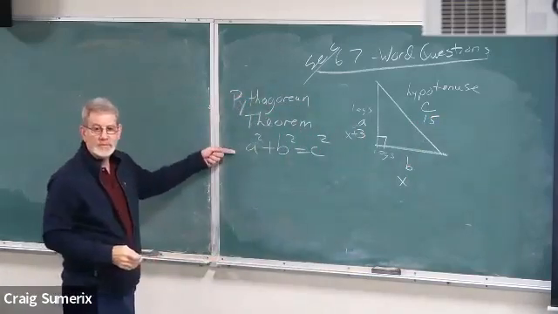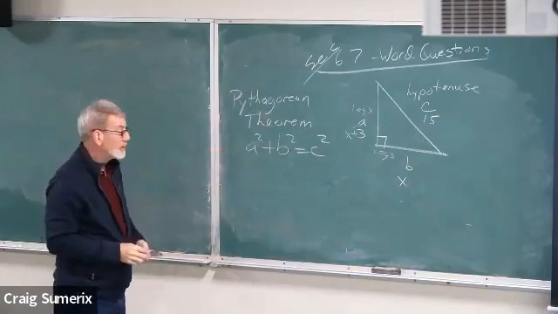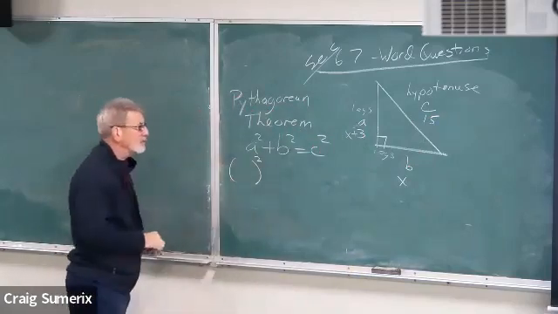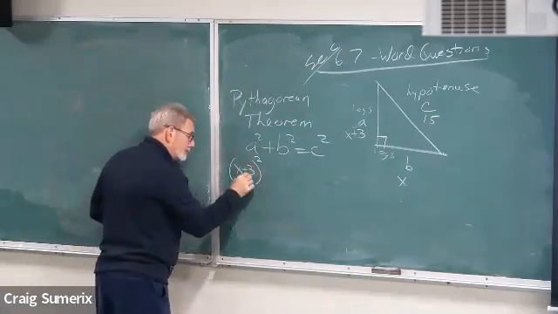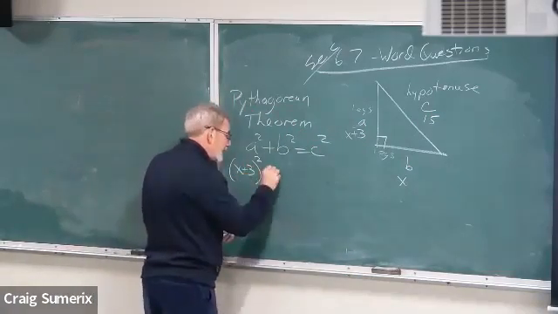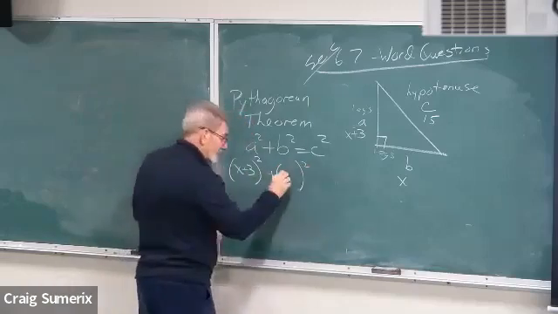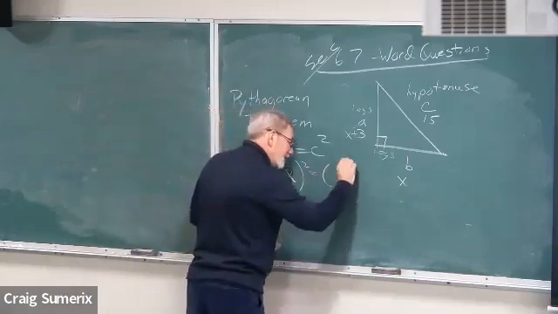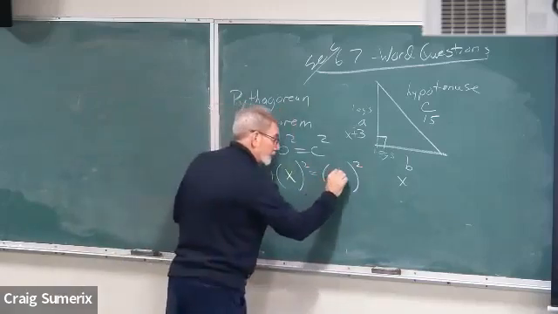Which formula do we use? a squared plus b squared equals c squared. So what is a that we're going to square? x plus 3. What is b that we're going to square? Just x. And what's c that we're going to square? 15.